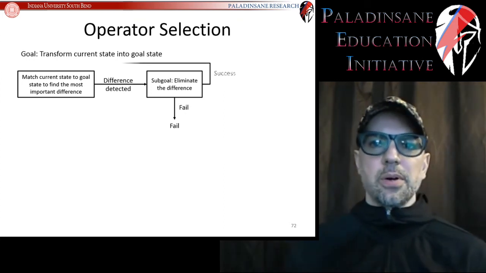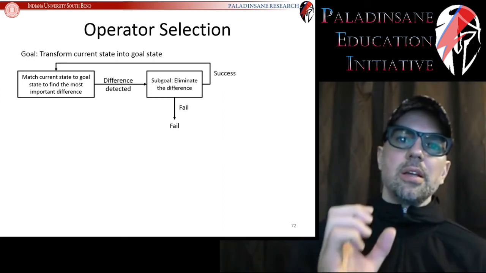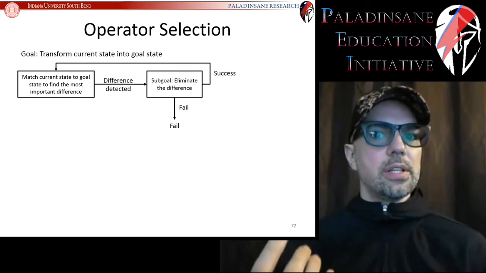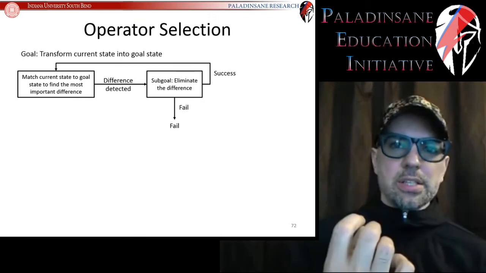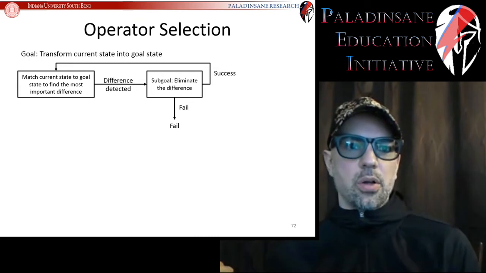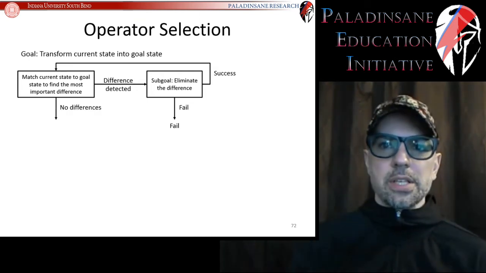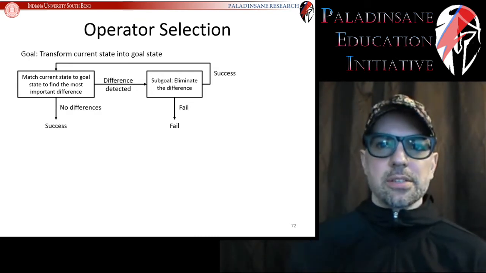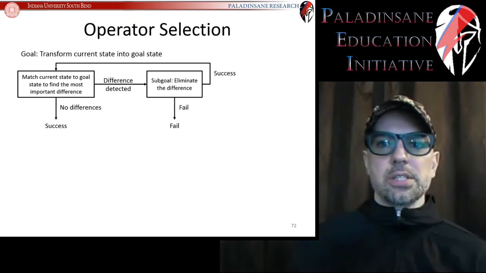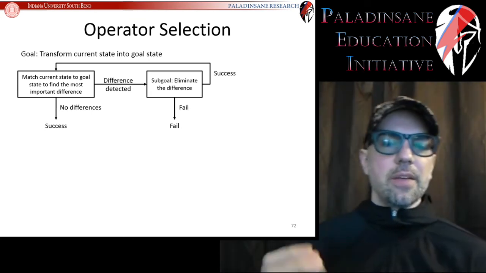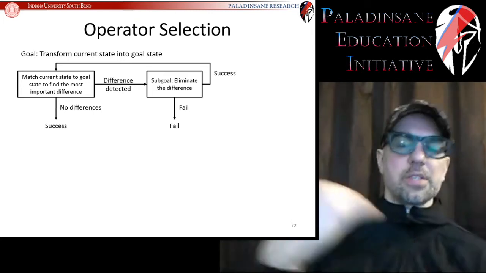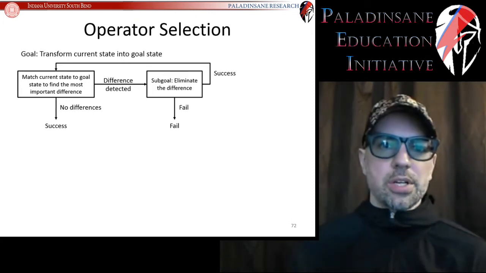If we're successful at eliminating the difference, then we're going to be in a new current state. And that current state is now going to be compared to the goal state. And if there's no differences, then we have success, right? We have successfully solved the problem. However, if there is, so if there's no differences, we've successfully solved the problem and we're done.